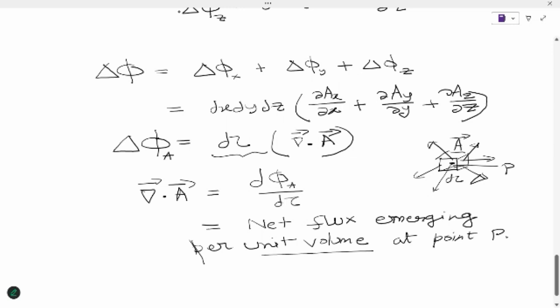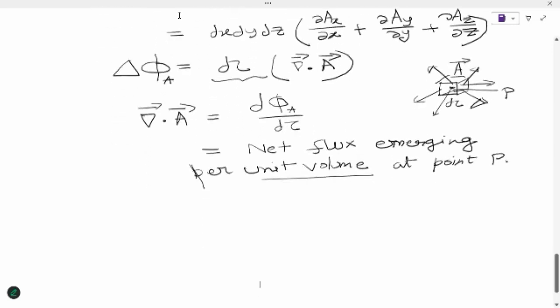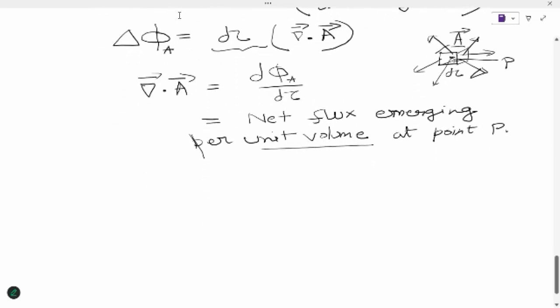So this is the significance of divergence. Now let's suppose A is a fluid velocity v.